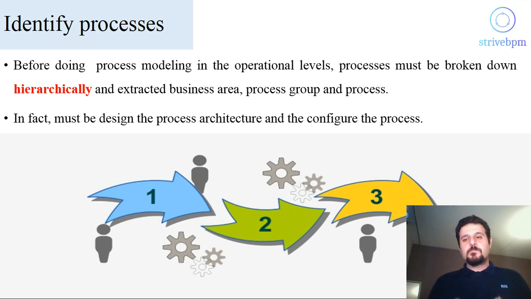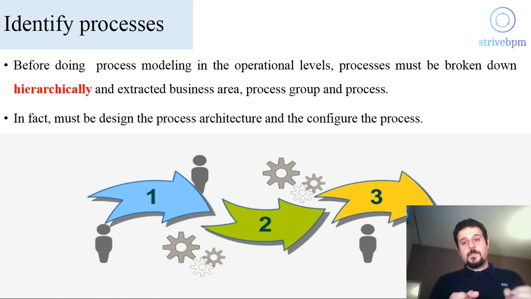at the operational levels? Processes must be broken down in a hierarchy and extract business area, process group, and processes. Here, I just want to emphasize that we should pay attention step by step to establish business process management.